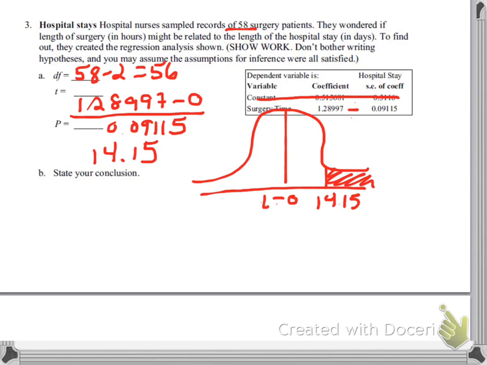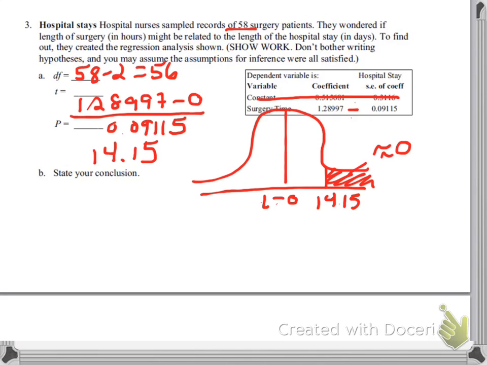So do you agree with me that if this was z, and we were 3 standard deviations, that the probability of being in a tail would be very small? Well, can you imagine if we're 14 standard deviations from the mean? It's going to be very small. So the probability of this is roughly 0.